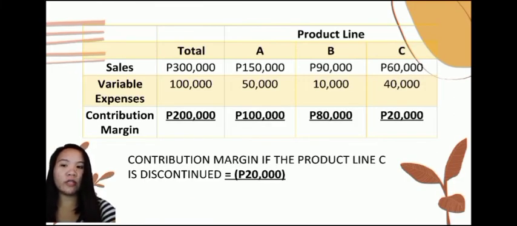Here is the contribution margin of the 3 product lines, which amounted to 100,000 pesos, 80,000 pesos, and 20,000 pesos respectively. Since product line C is the segment that the company is planning to drop, we get its contribution margin of 20,000 pesos. But as I have said, put this amount in parentheses to denote it as a cash outflow. So the contribution margin if the product line C is discontinued is equal to negative 20,000 pesos.